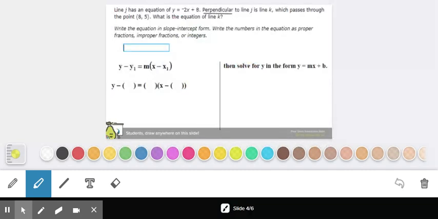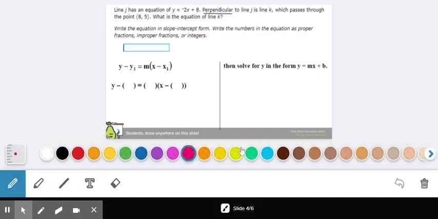Okay, line J has an equation of y equals negative 2x plus 8. Perpendicular to line J is line K. I'm going to draw myself a pretty little picture here. So I've got line J and K. Perpendicular to line J is K, which passes through (8, 5).